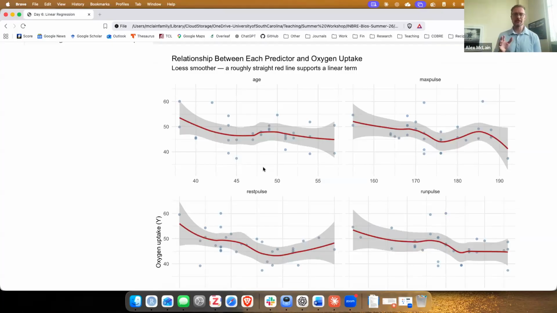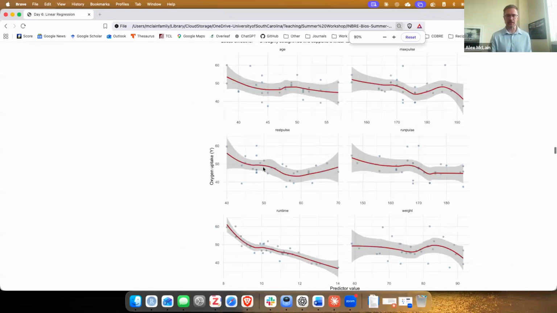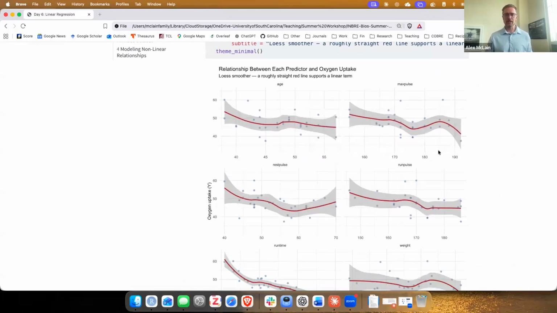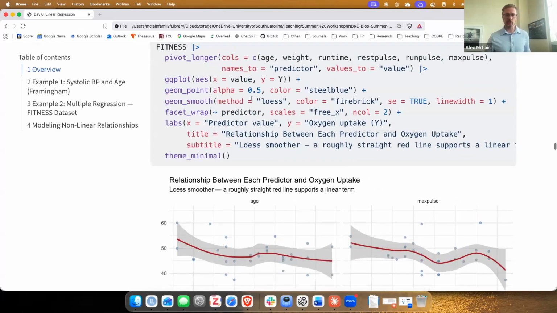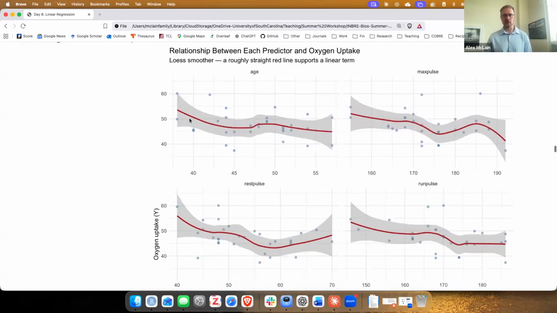As I said, the Framingham systolic blood pressure and age example is going to be the most linear relationship you ever see. This is kind of more what I'm used to seeing when I look at plots like this. So we have this lowess smoother here, which can show us nonlinear associations.